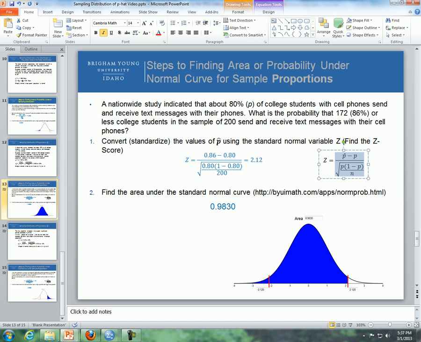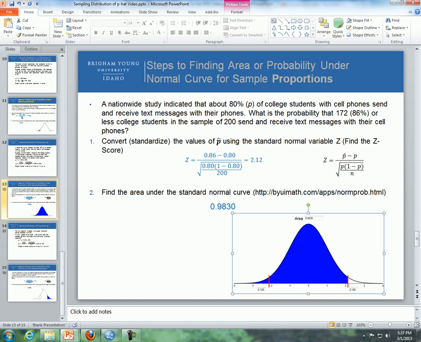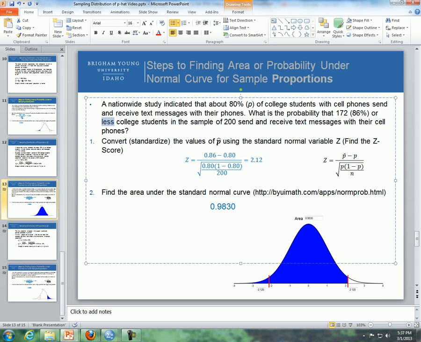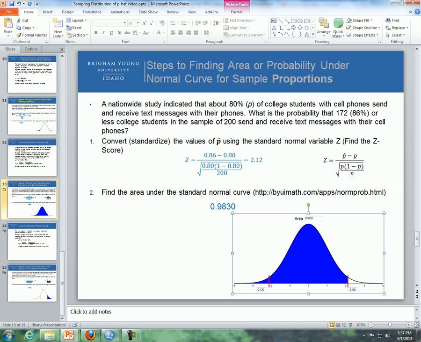We take this 2.12 and put it in the box at the bottom right. But it's asking for less than, so instead of shading to the right, we shade to the left. So we have a big area to shade, and if we look at the very top next to area, we see a number, which is 0.9830.